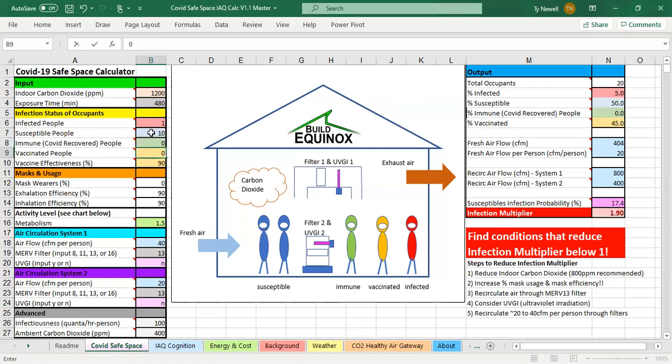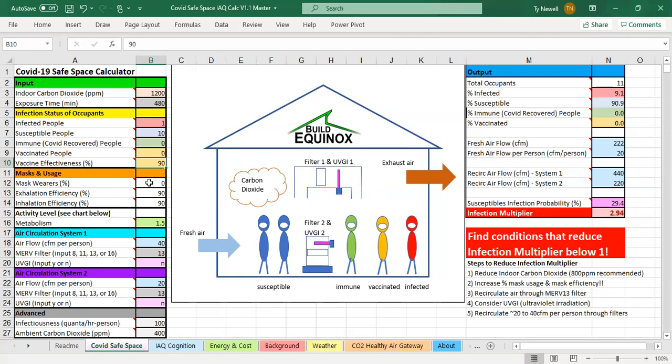We populate this building with a number of people: some who are susceptible, someone who's immune, perhaps by catching COVID and fortunately recovering and now having a level of immunity, and then others who have been vaccinated and have a level of protection. And then an infectious person is among you, whether they know they have the disease or not, but they're in that space, and you're going to share it for, say, an 8-hour workday.